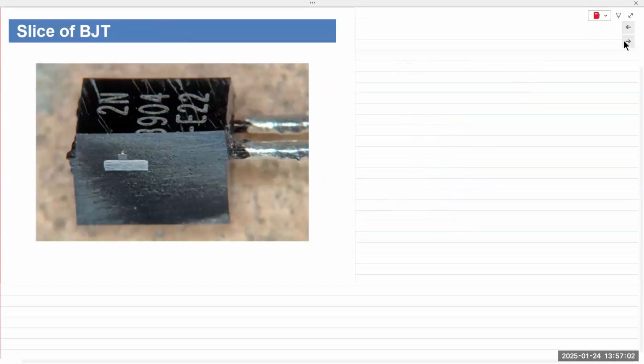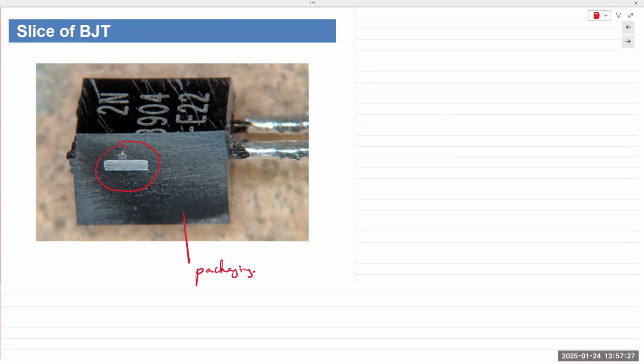Now, this is a close-up view of a slice of an actual transistor. This is the actual transistor you have in your lab kit. This is simply the epoxy packaging. Mostly it's plastic epoxy packaging.